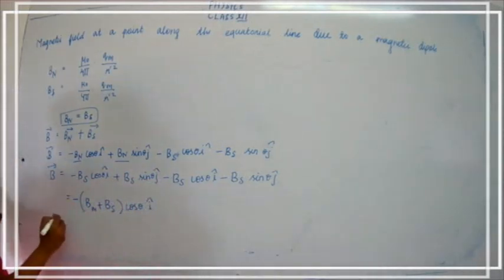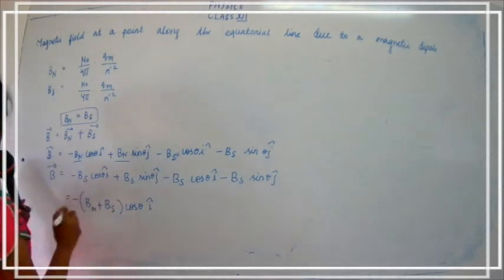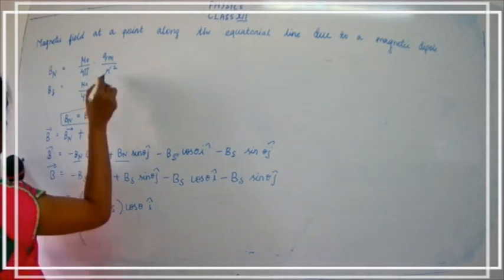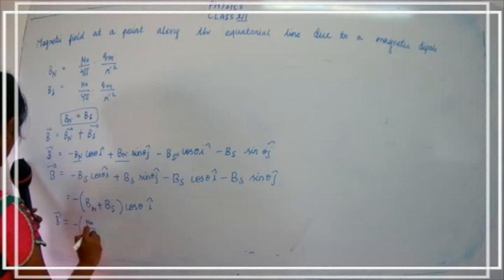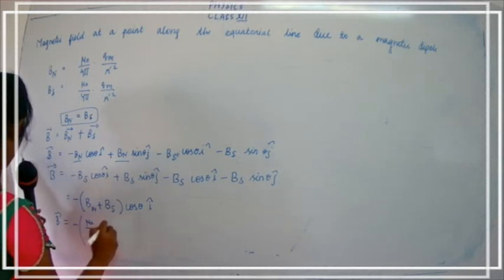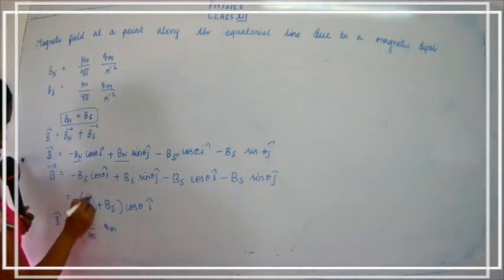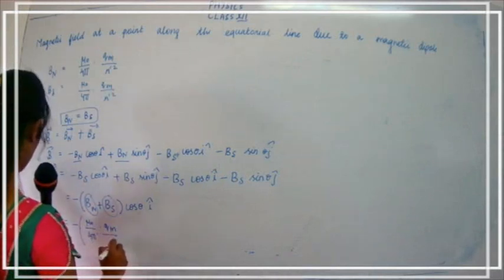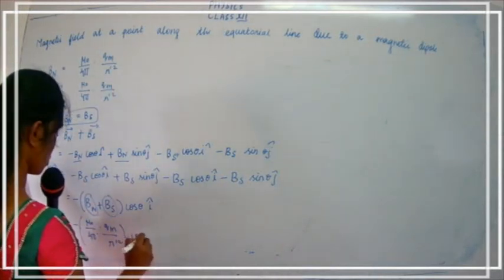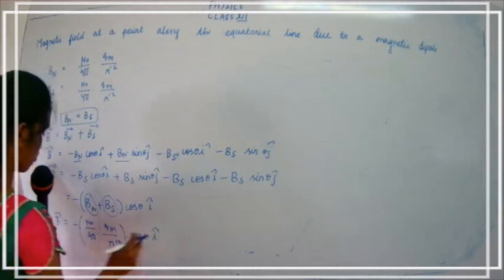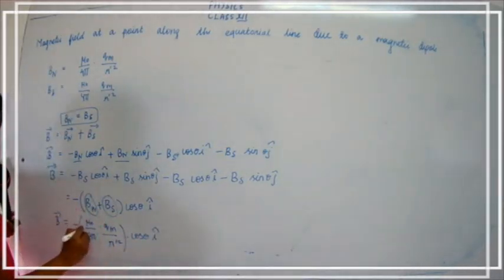Now we know that Bn and Bs are the same, so B vector is equal to minus of mu naught by 4 pi into 2 Qm by r dash square into cos theta I. For Bn and Bs both are the same, so we are multiplying it with 2.